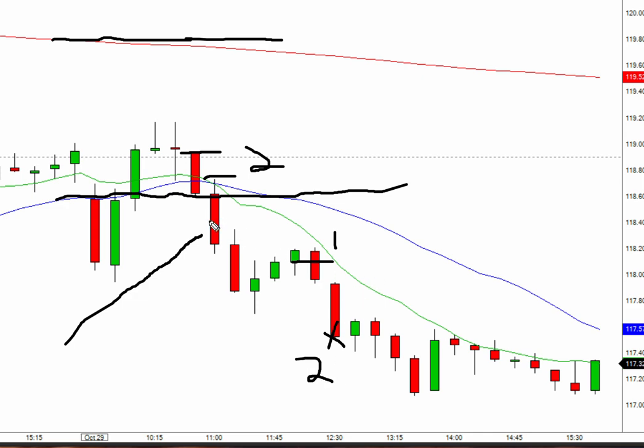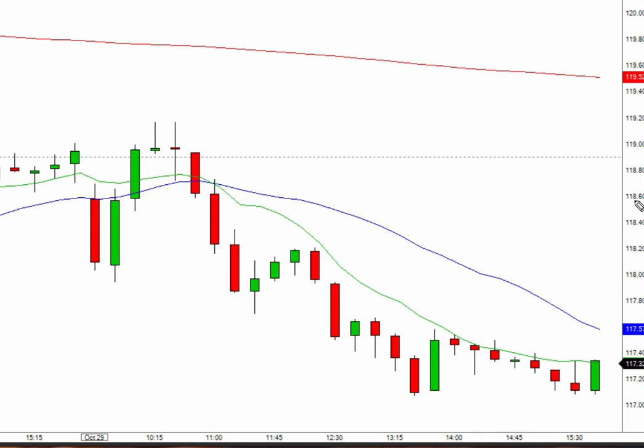Rotated that stop loss to break even here. Okay? Or if you wanted to, you could have rotated that stop loss to there. This right here would have been your new stop right here.